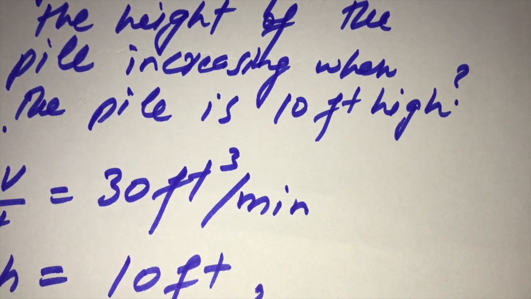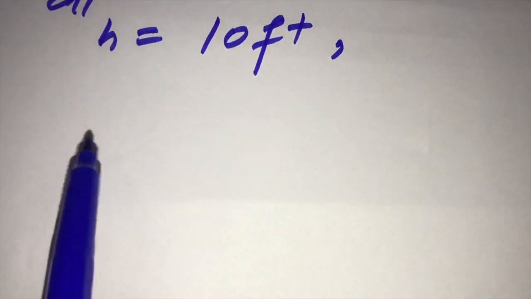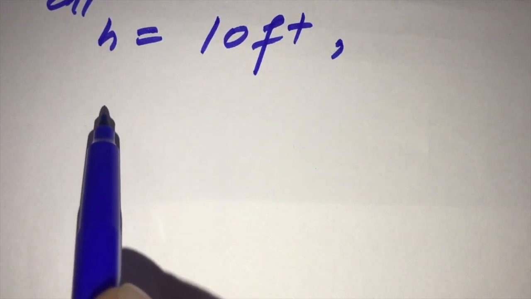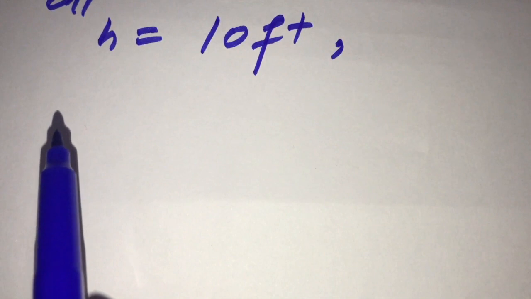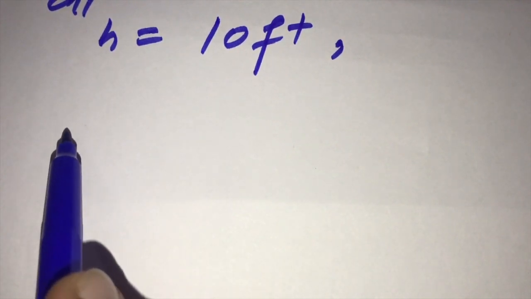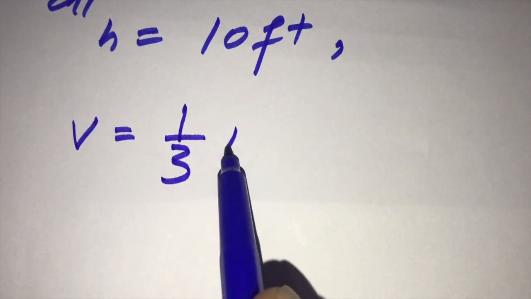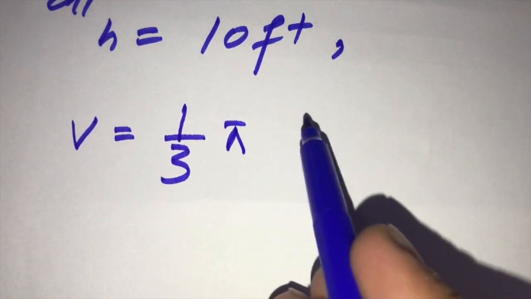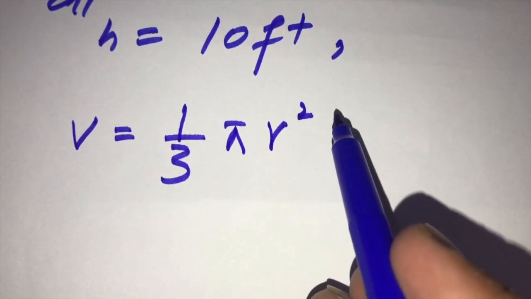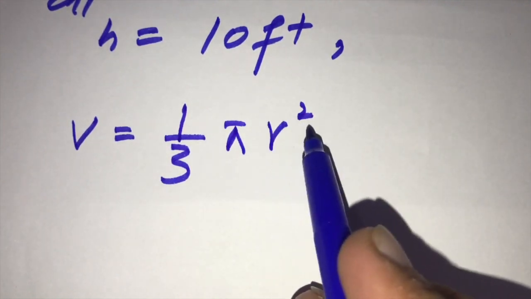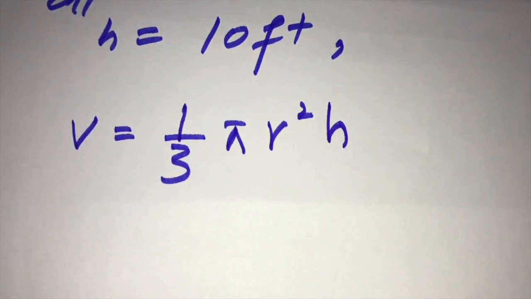So moving onward, the volume of the cone is V equal to 1 by 3 pi r square into h.